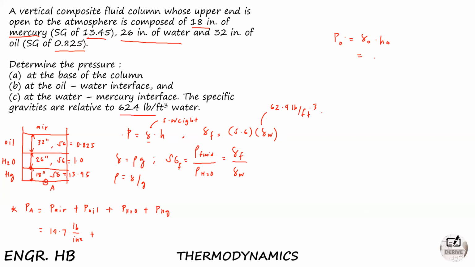So, ibig sabihin, way back here, specific weight is equal to SG ng oil times specific weight ng water, of course, kasi yan yung basis, times HO. Ang HO natin is 32 inches. Kailangan kong ihiwalay dito for us to see the unit analysis, para mamaya gagayahin na lang natin dito at hindi makakain ng space.